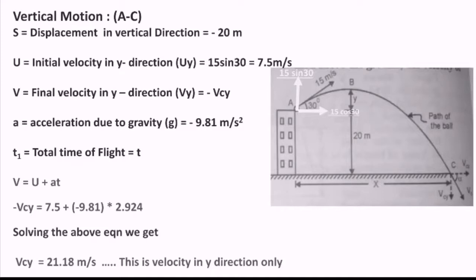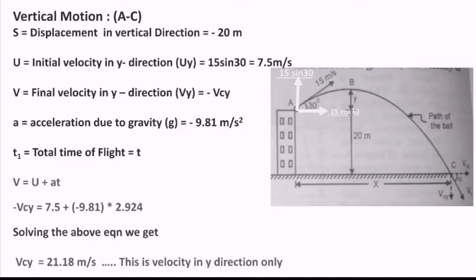But please note, this is not the answer which is required. This Vcy is only the velocity in y direction. We were asked the velocity with which it hits the ground, that means we are asked about the resultant velocity. Vcy is only velocity in y direction.